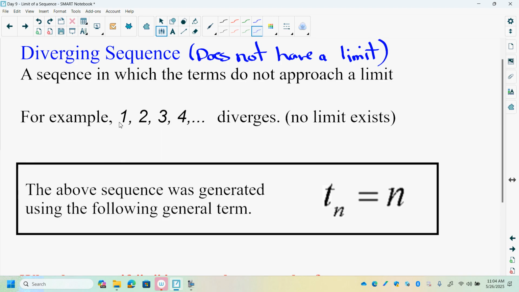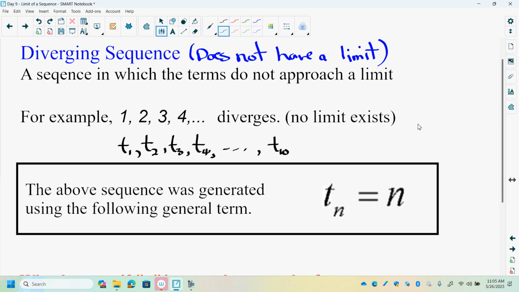Here's another sequence. 1, 2, 3, 4. It says it diverges or no limit exists. How did they make this sequence? Using the following. It's just an arithmetic sequence with an a value of 1 and a d value of 1. Is there any pattern, or is there any rhyme or reason to this?